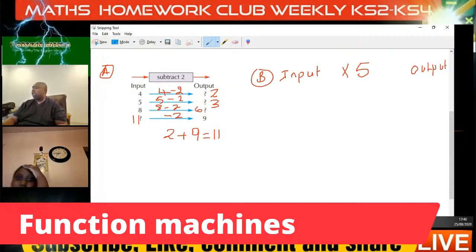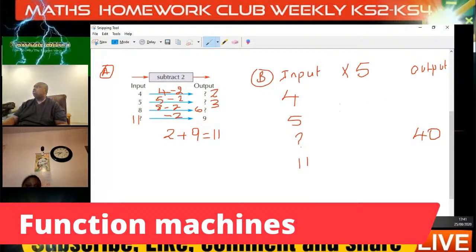Right, so my input is going to be 4, right, 5, question mark, 11. Okay, and then where the question mark is, the output is 40.